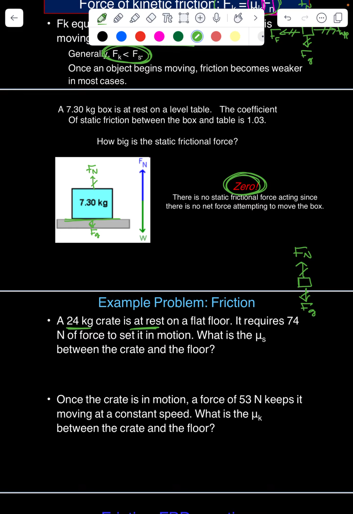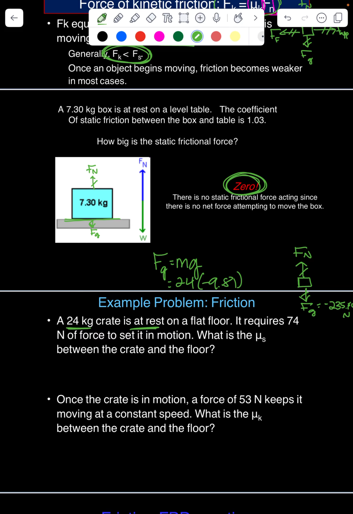Let's go ahead and solve for the numerical values. We know gravity and normal are equal. We have our mass, and we know that Fg is equal to mg. So we multiply 24 times negative 9.81, which gives us a negative 235.44 newton force.